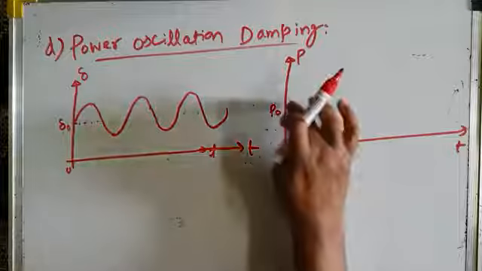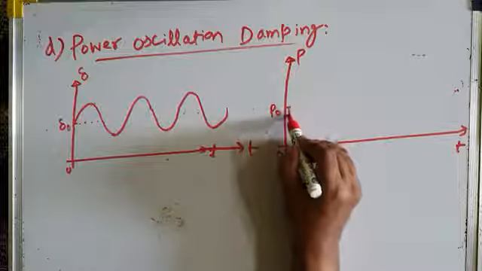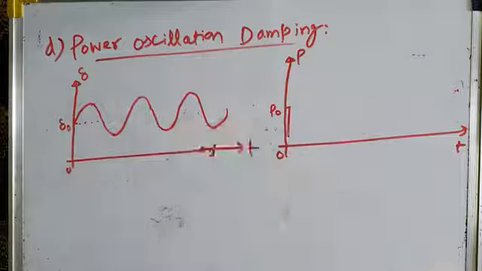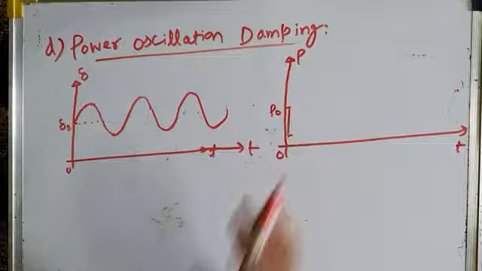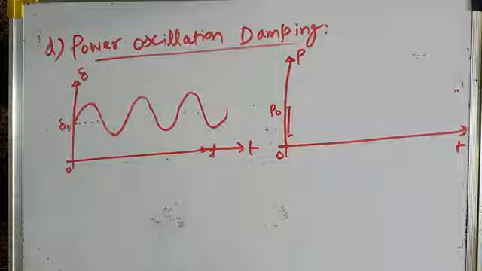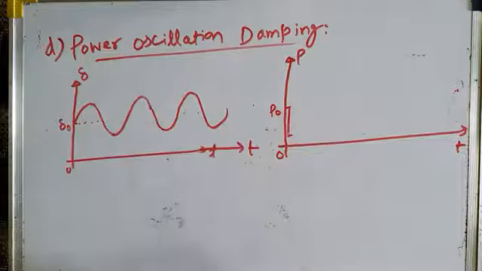And let us suppose some fault or disturbance has occurred, which has momentarily reduced the power transferred over the line, maybe for a fraction of a second. As soon as P decreases below P naught, that is, power transmitted over the line decreases.